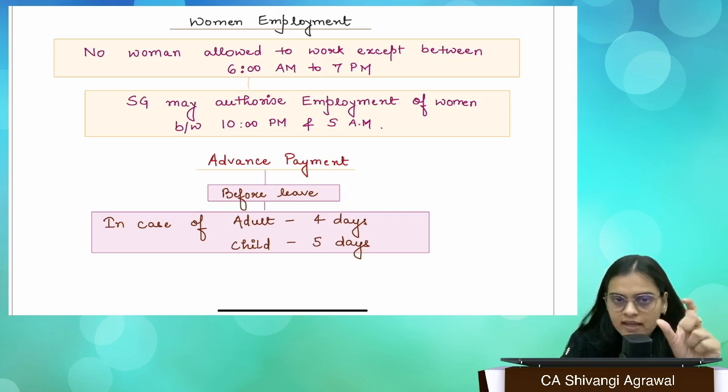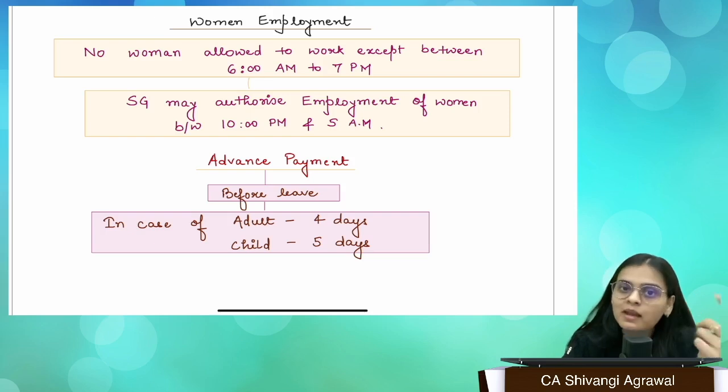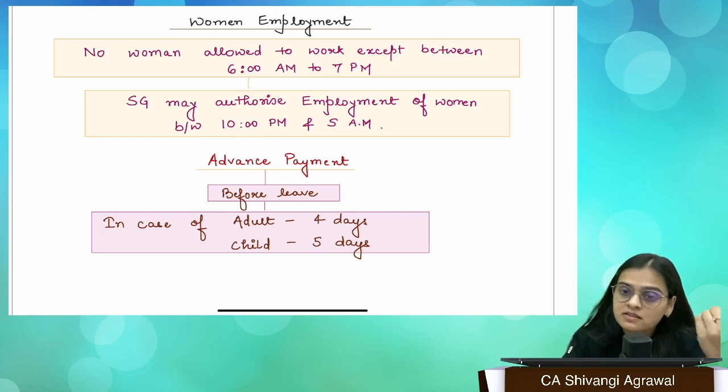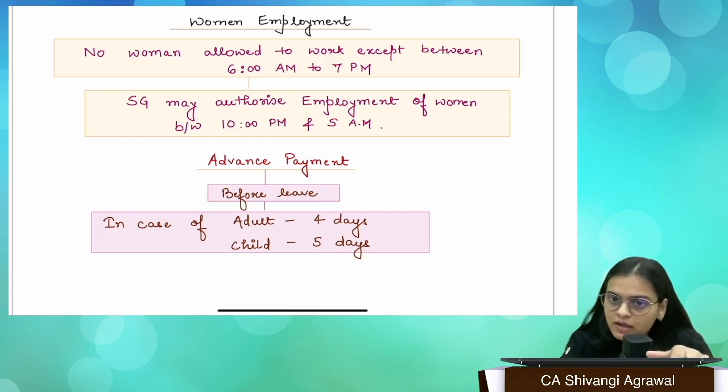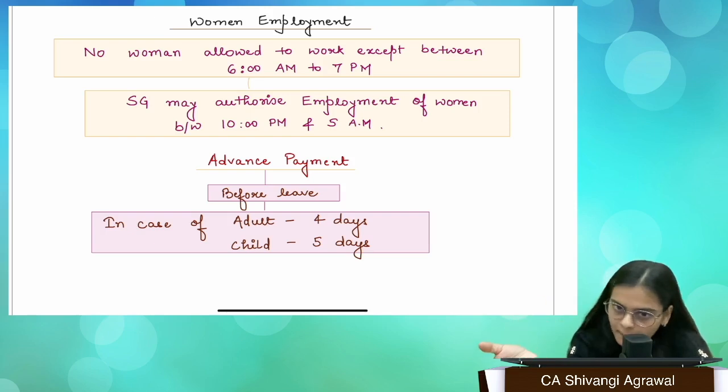Now the state government may authorize employment of women between 10 p.m. and 5 a.m. That depends on whether the state is safe and the state government provides that assurance, plus the work is of such demand that they have to work during that time. So accordingly it can be done. Section 66 talks about employment of women, which clearly says that you're not going to allow work during that period. However, the state government can authorize it.